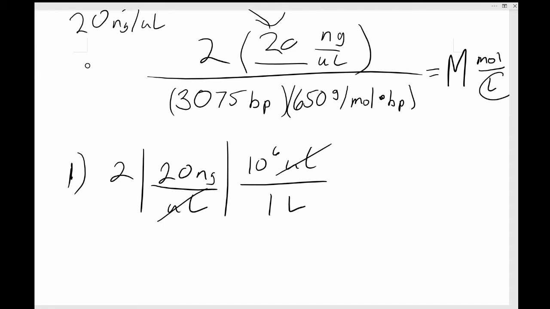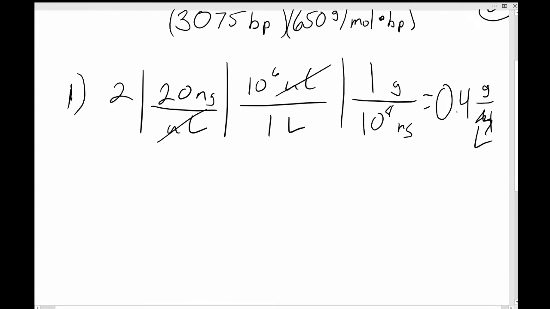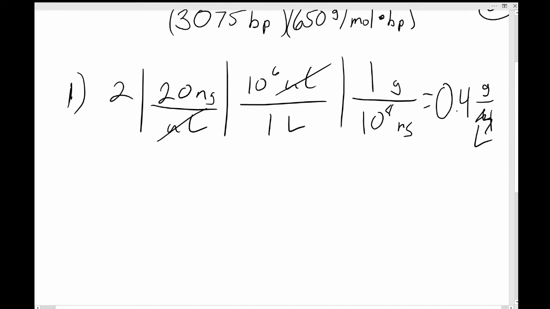And then we also need to convert nanograms into grams, so 10 to the power of 9 nanograms is in 1 gram. And that should give us about 0.4 grams per liter. So that's the first step of the equation, just to get the grams over liter.